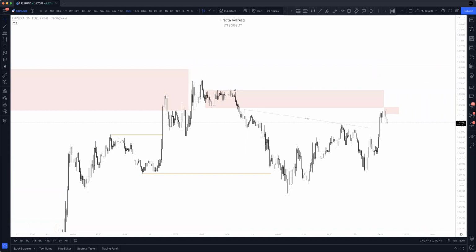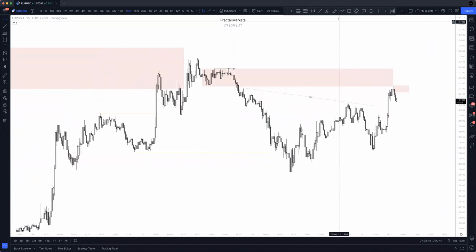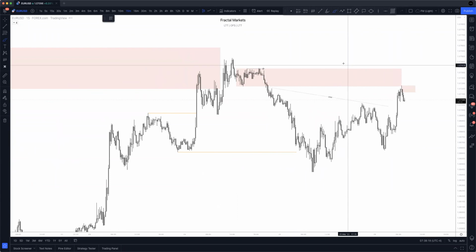Where is my POI flow chart? Okay. So right now, POI must break structure.